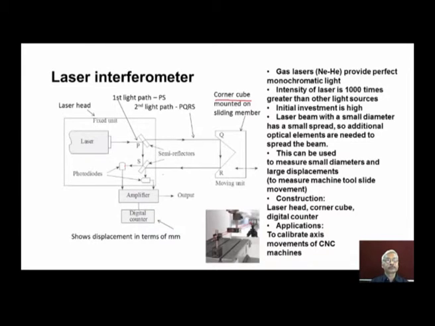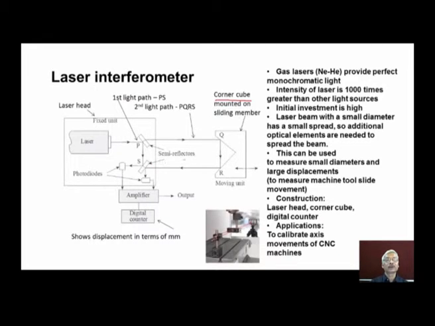Now when the corner cube moves along with the machine tool slide, we can observe here the first light path is PS, and the second light path is PQRS.